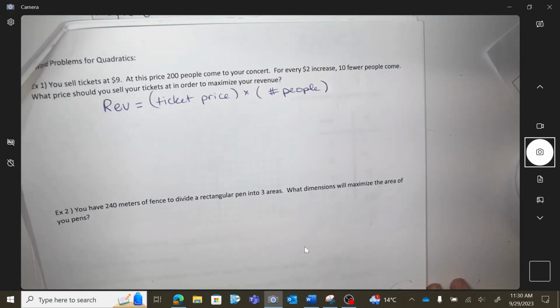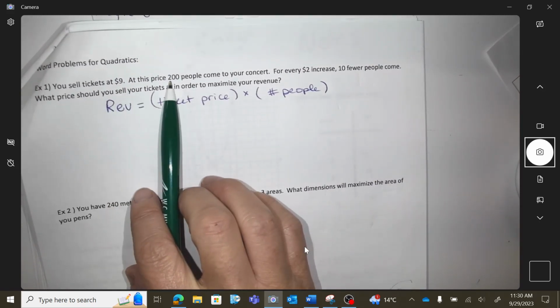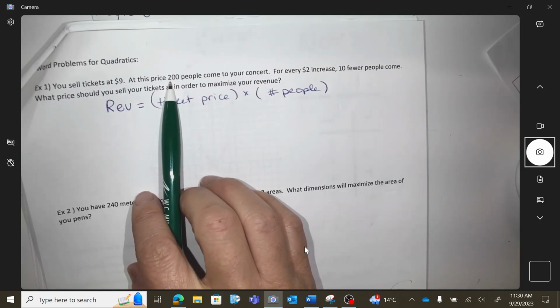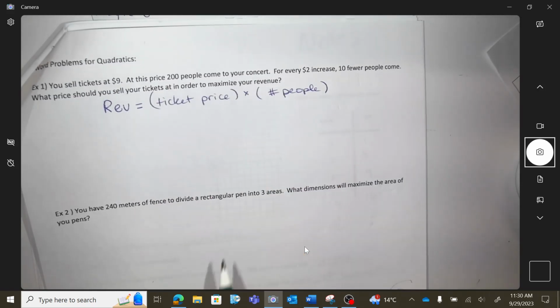However much your ticket is times the people that come is how much money you make. Does that make sense? So right now, if I'm having a $9 ticket and 200 people are coming, I should make $1,800 right now. But I'm going to try to adjust my price to see if I can get more money out of this.